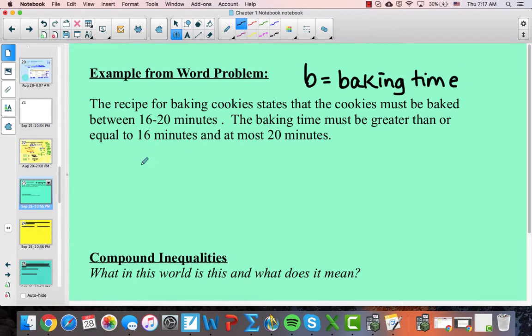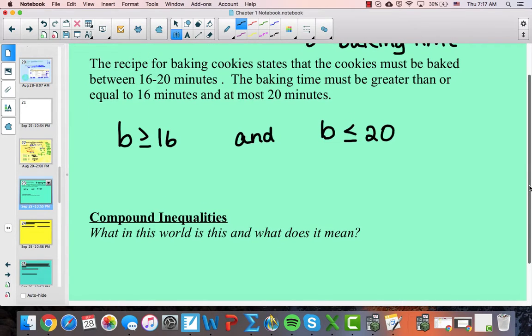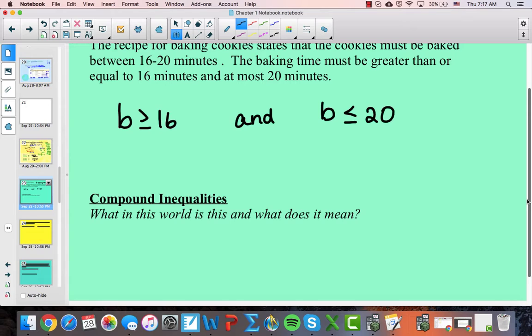The baking time needs to be greater than or equal to 16, and at most 20 minutes, so B has to be less than or equal to 20. Notice that in this instance, I wrote 2 inequalities.